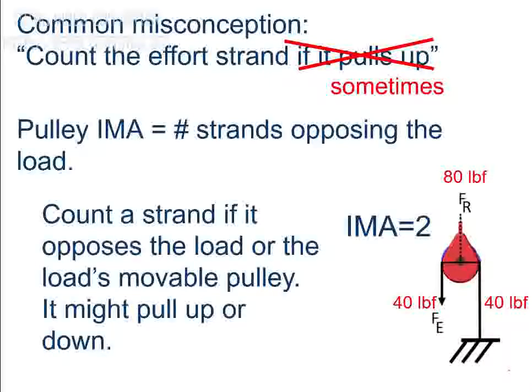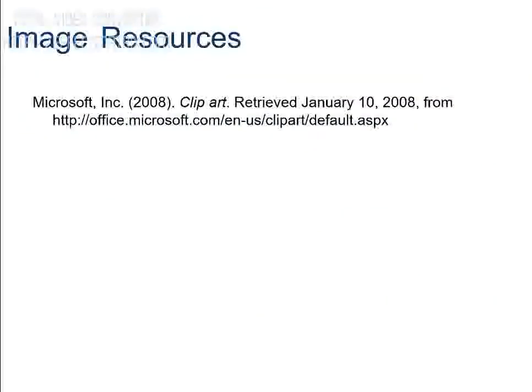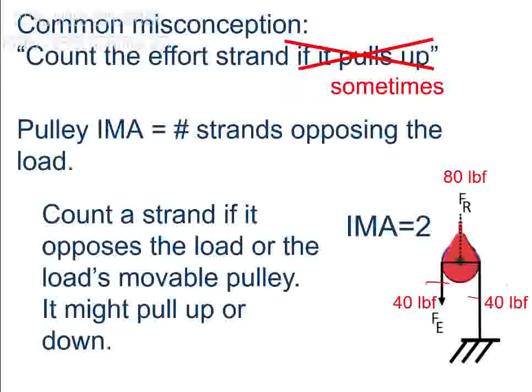Sometimes it's true, but not always. The pulley ideal mechanical advantage is equivalent to the strands opposing the load. Therefore, for this, the mechanical advantage is 2. This is all about simple machines. Until next time, have a nice time.